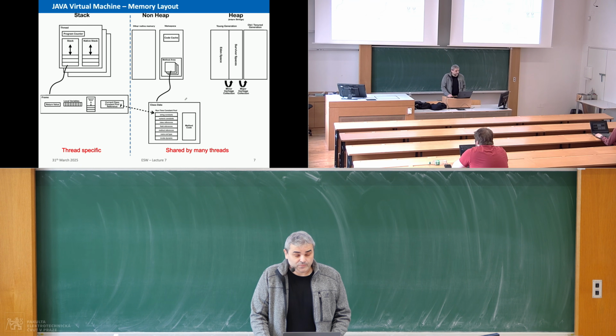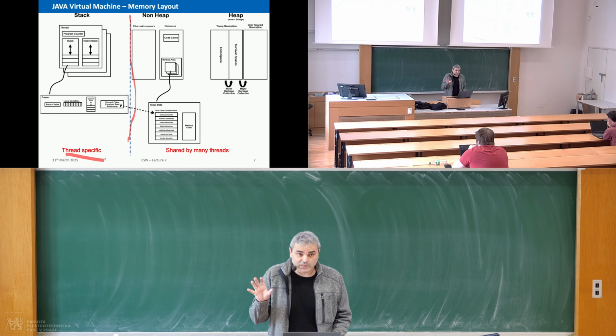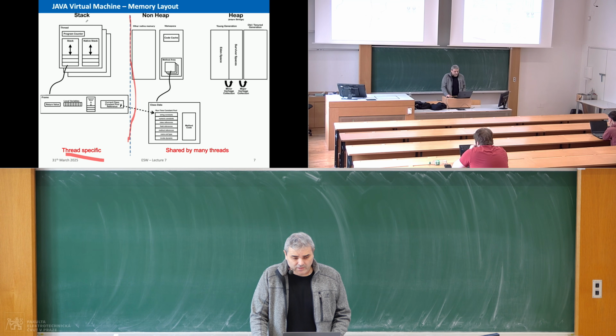This is the basic layout of the memory used in all virtual machine approaches. The key is this division: on the left side, there is a thread-specific part of the memory. Every thread has a dedicated piece of memory, where usually a stack is stored, like in the C language. The difference here is that there are two stacks: a stack for the virtual machine and a stack for the native execution.